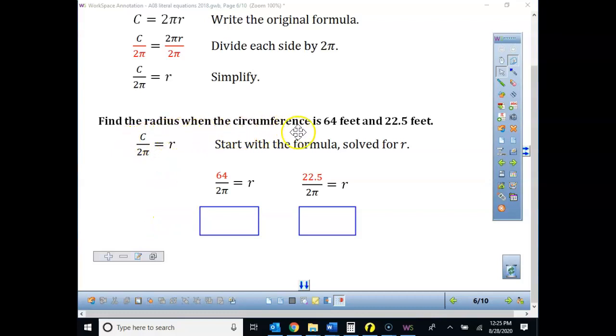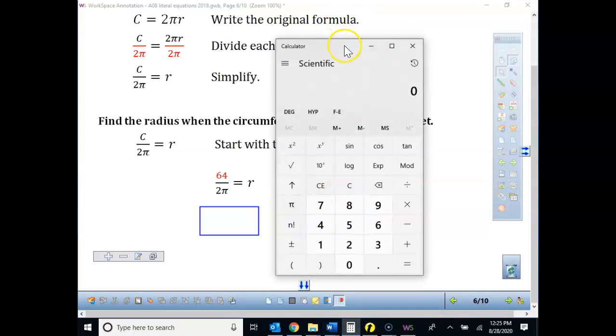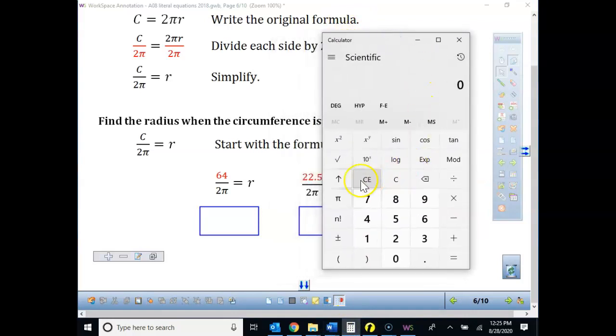So now we are asked to find the radius given a circumference of 64 feet and 22.5 feet. What that means is I'm going to replace the C, the circumference, with 64 and 22.5. And again, I am just going to show you on your calculator how you're going to put this in. So when you use your calculator, you're going to put in the 64 and divided by 2.